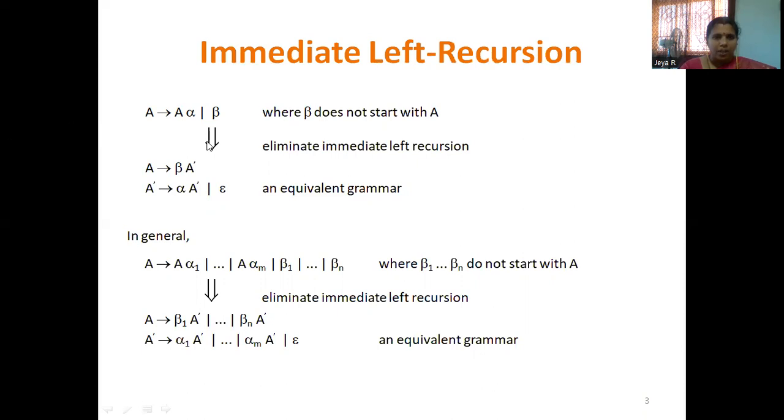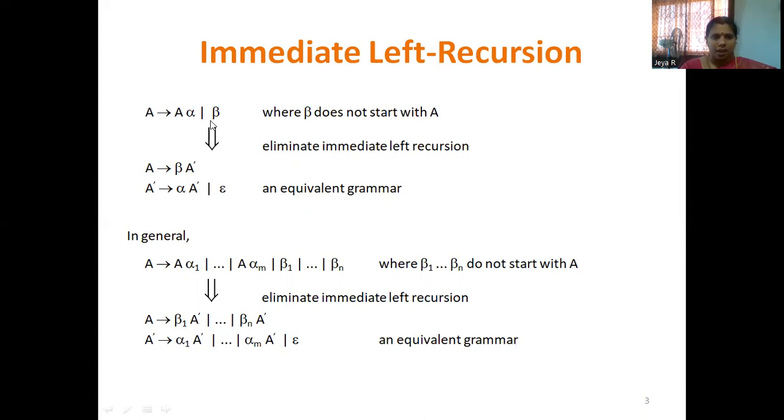After eliminating the left recursion, our equivalent grammar will be A produces beta A dash, introducing a new non-terminal A dash. So A dash produces alpha A dash or epsilon.